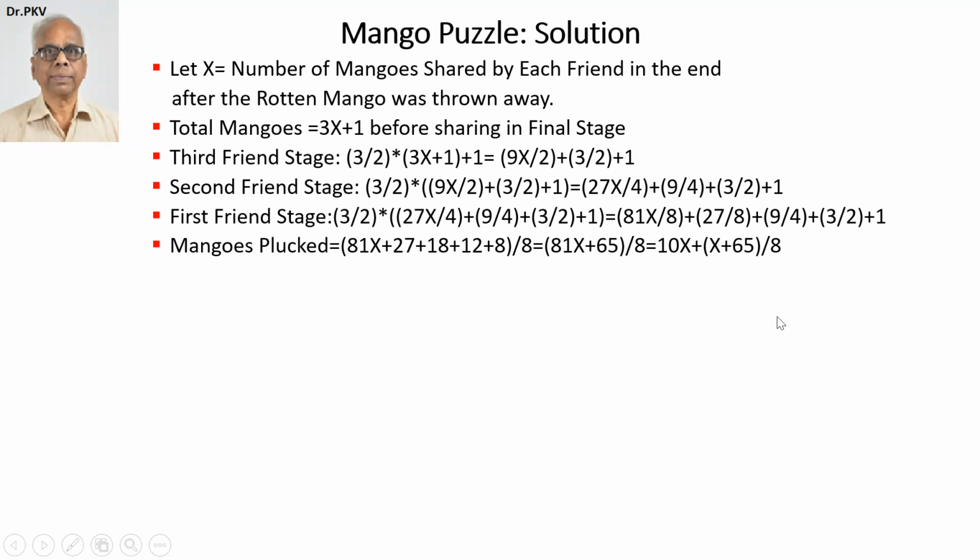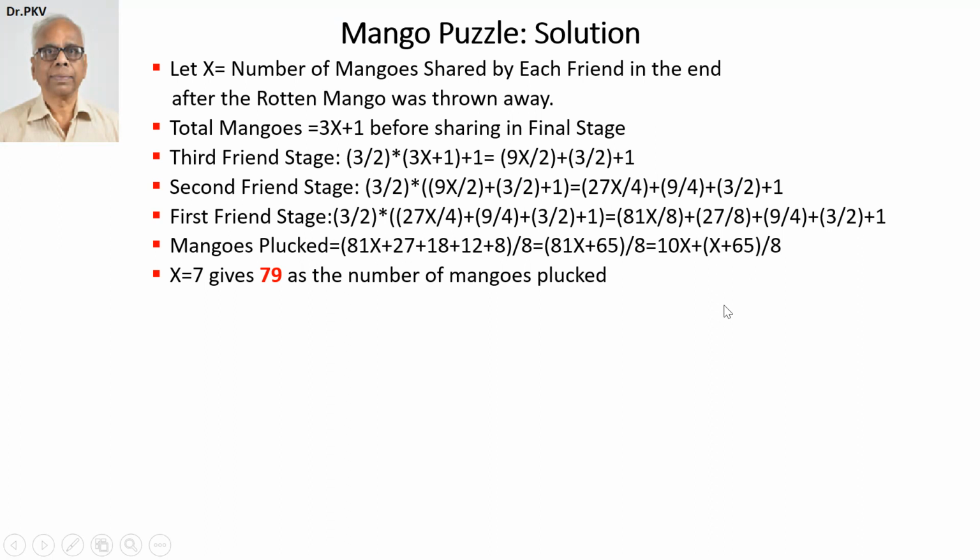So when I put x is equal to 7, I get the first solution as 10 into 7 plus 72 by 8, which is 9. So 79 as the number of mangoes plucked. This is the first solution, the minimum number of mangoes plucked. Now the next one is, after 72, this expression has to be 80 for it to be an integer.